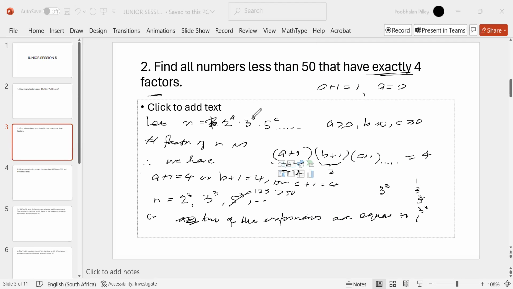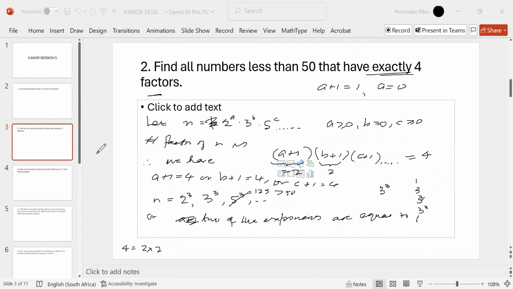Because now if the exponents are just 1, then you'll have 1 plus 1, which is 2. 2 times 2, you see. So this 4 is equal to 2 times 2. So you're multiplying 2 by itself only twice. So it means that I've increased those exponents by 1. So the original exponents would have been 1.